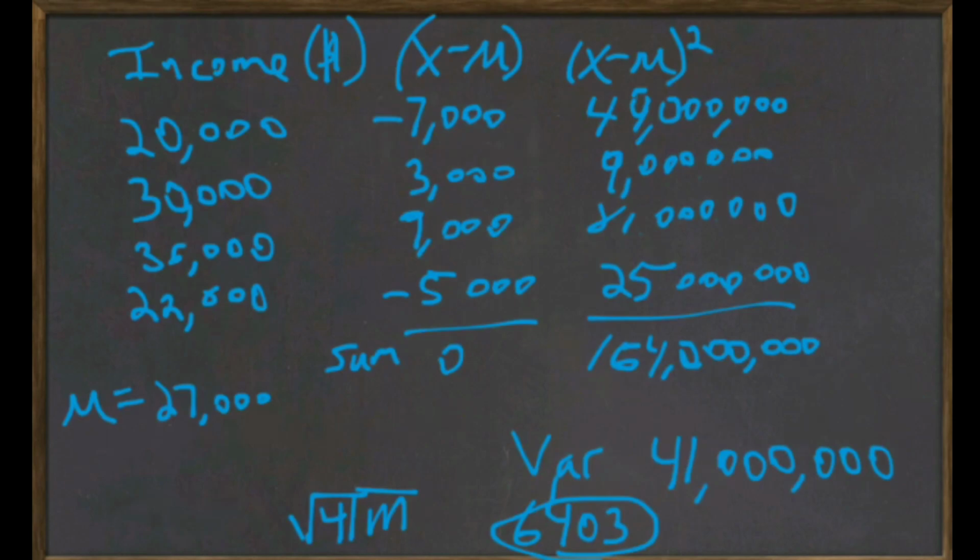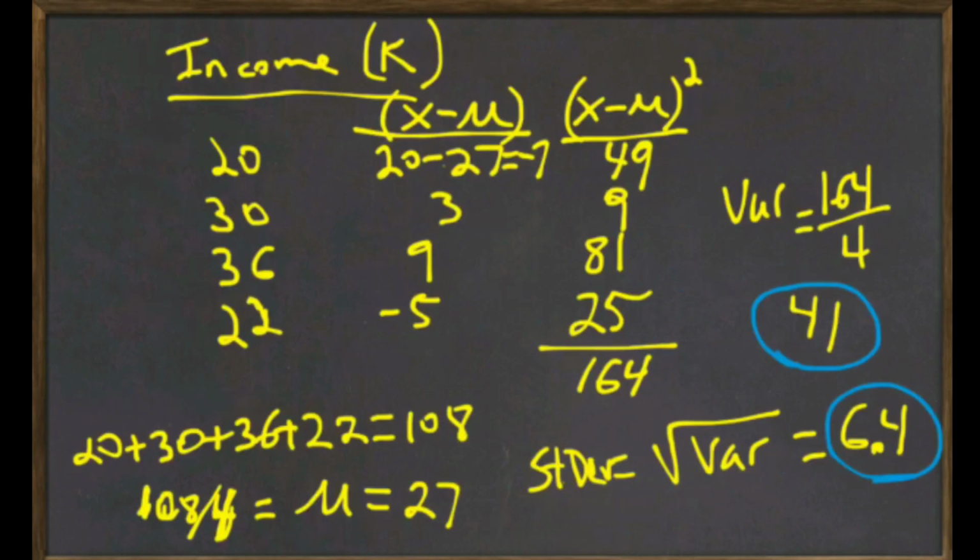So the reason for this is, let's think about what units we are talking about. In the initial analysis, we are talking in thousands of dollars, right? All of this is in thousands of dollars.